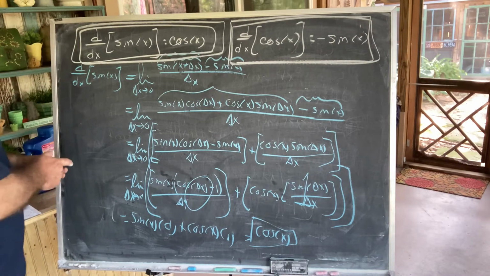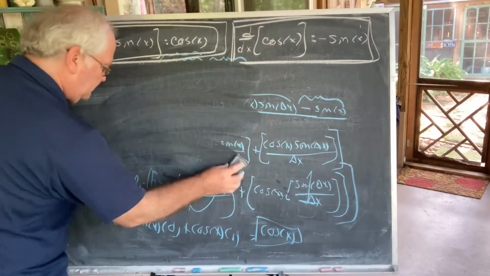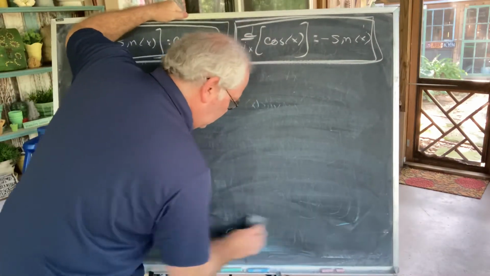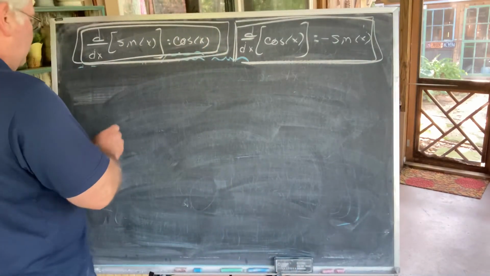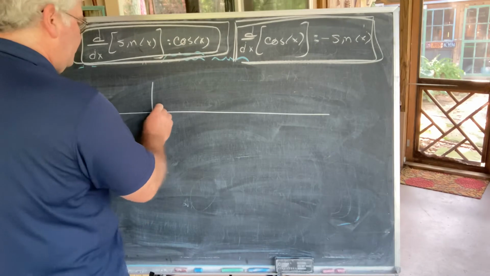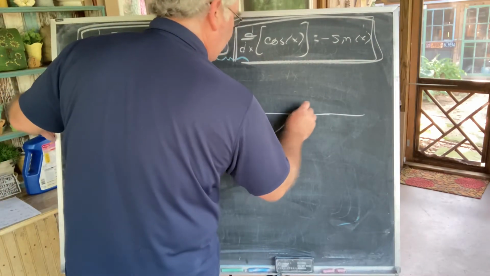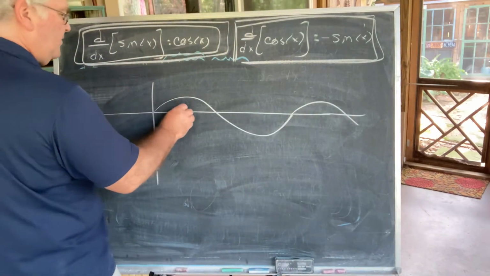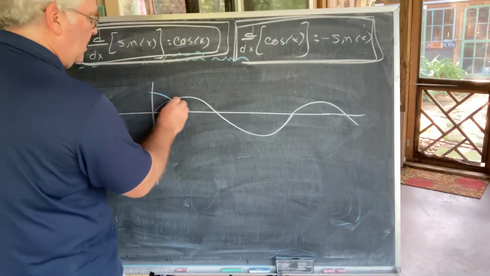Now, what we can do with that is make a nice little observation. Again, this is not something you necessarily need to be able to reproduce, but to me this is a beautiful property. I'm going to very approximately draw this sine curve, and then very approximately draw this cosine curve.